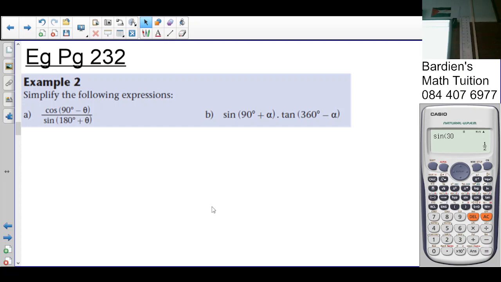Guys, done with the first one? When does sine change to cos and cos change to sine? 90 plus or minus, we could say. That's the only time it changes, no?